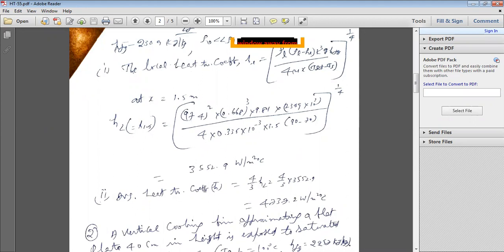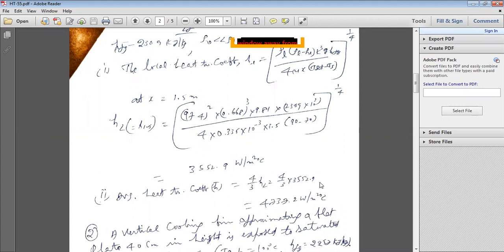Average heat transfer coefficient, second bit, you have to calculate the average heat transfer coefficient. Average heat transfer coefficient, h bar, how to calculate? 4/3 of h_x. Here h_x is equal to h_L. That's why the average heat transfer coefficient h bar is equal to 4/3 times h_L, that is 4/3 into the h_L value 3552.9.